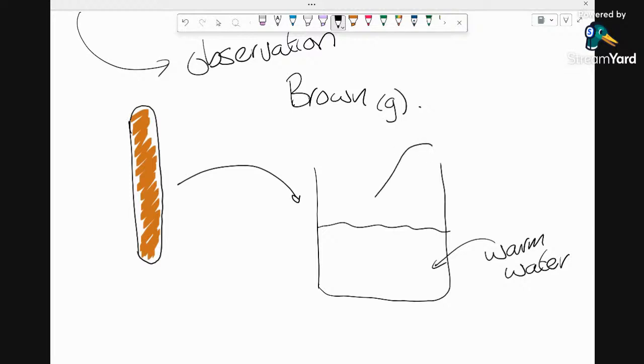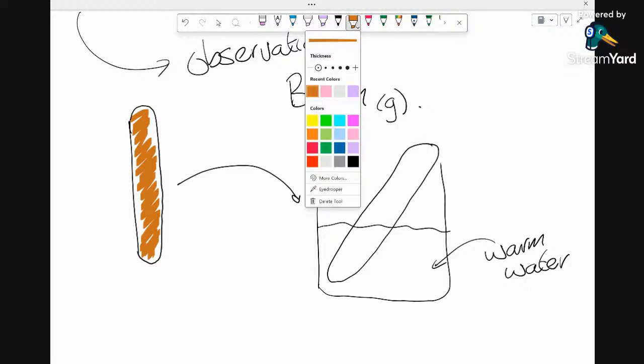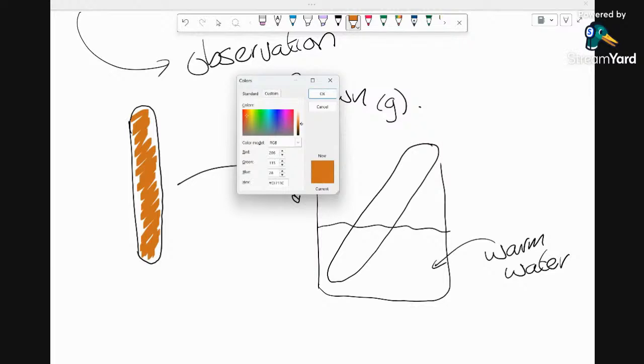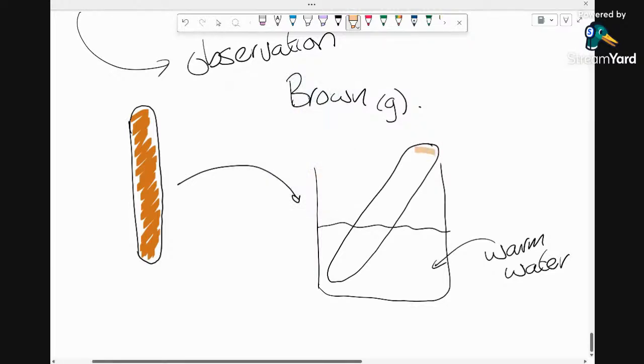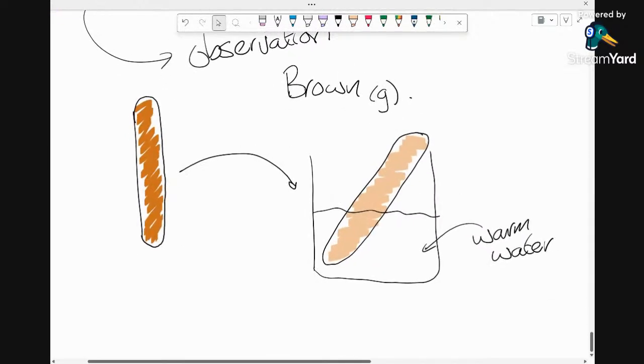So you take your little ampule and put it into warm water. And what you will see is this: it'll get paler, which is really interesting.